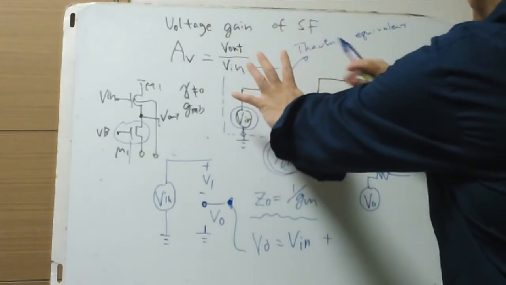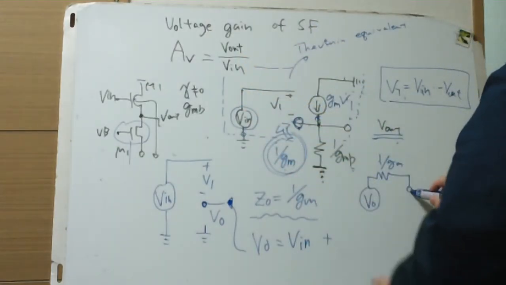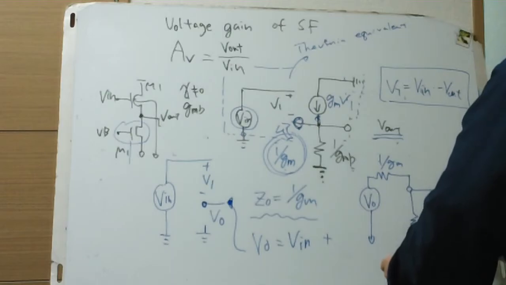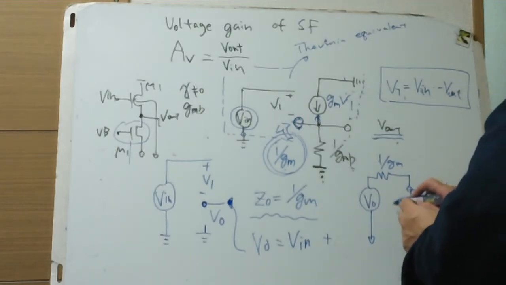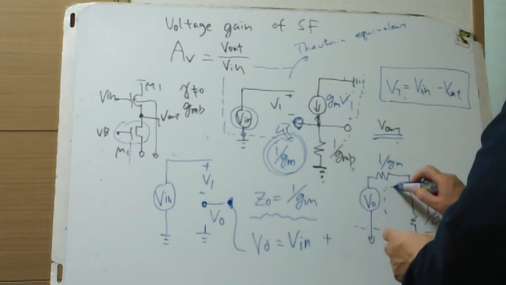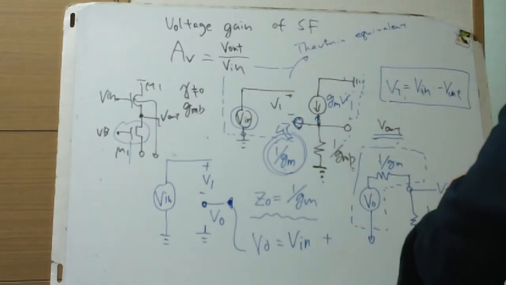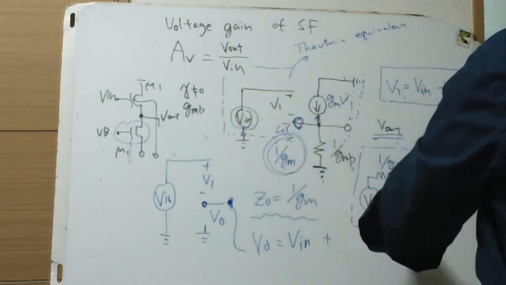This port connected to this port, this excluded part is the right answer from KCL, KVL, Ohm's law. So the Thevenin equivalent of here is picked up part of this.